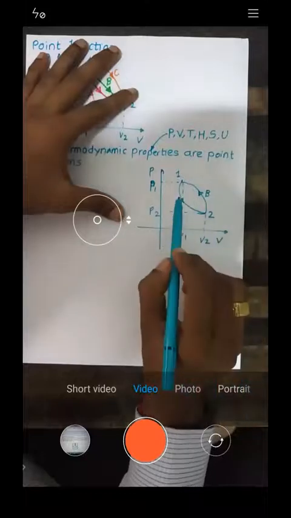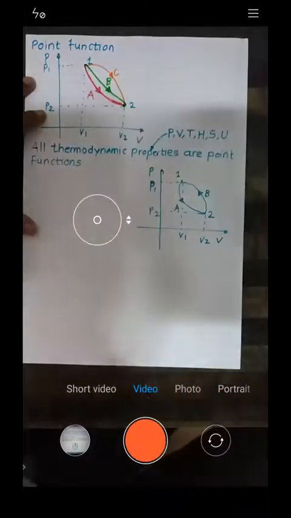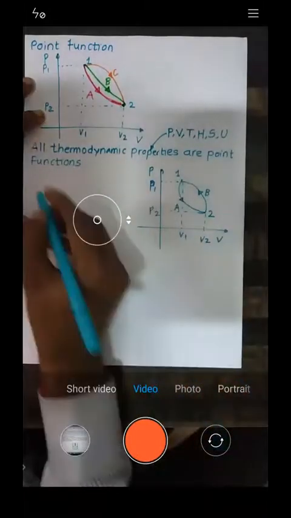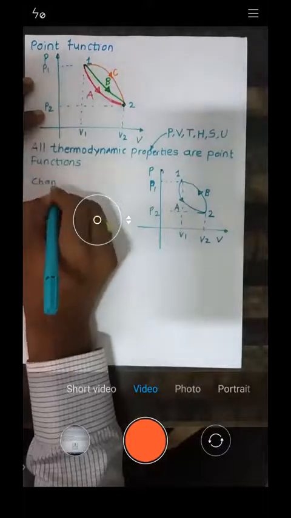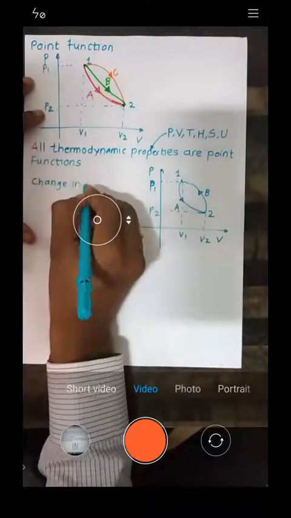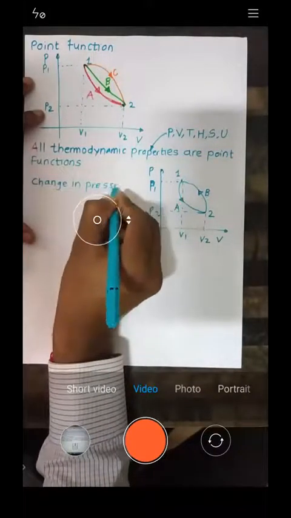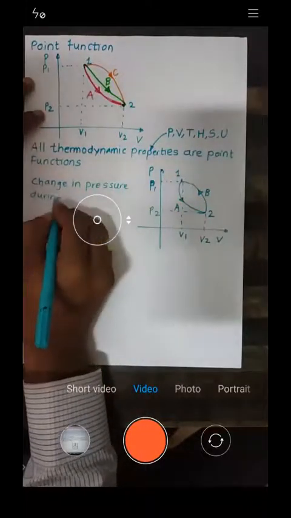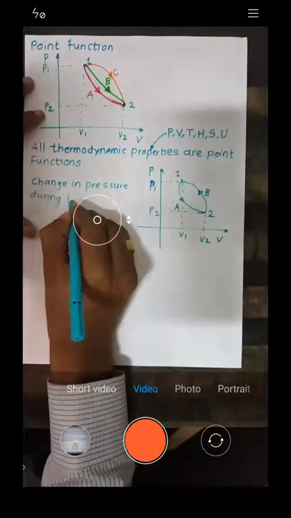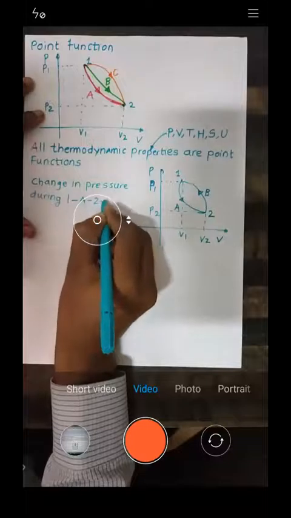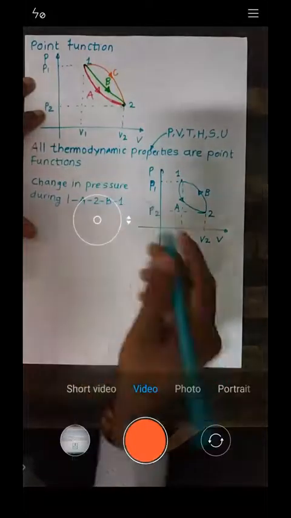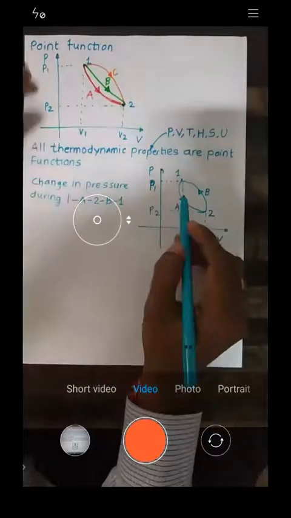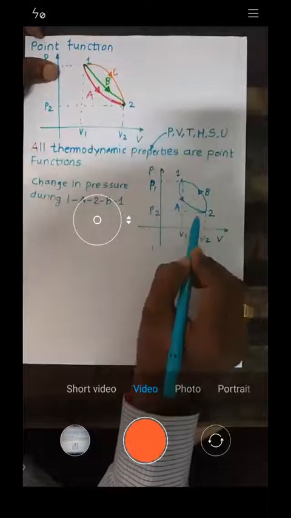Now my question is, what is the change in pressure during 1A2B1?